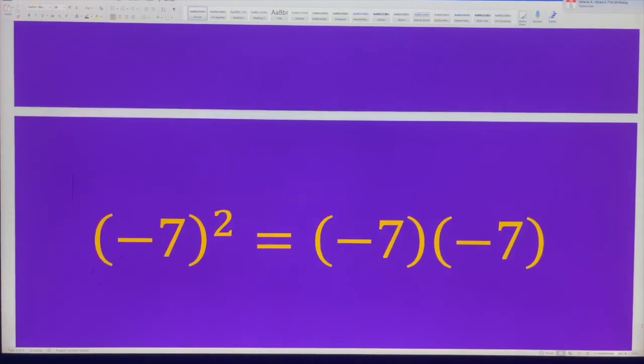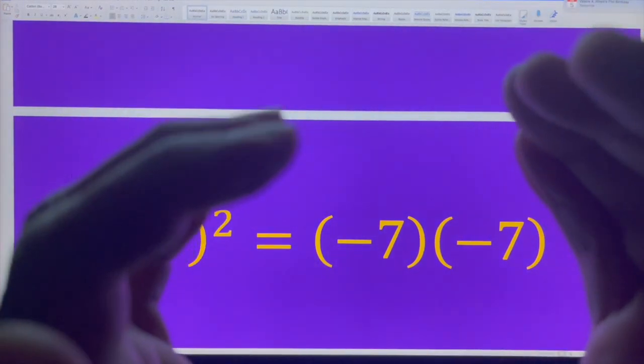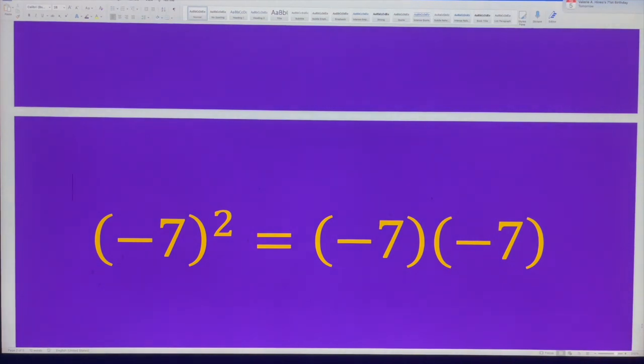First of all, I want you to recognize what the -7 in parentheses represents. Because the parentheses are there, that lets you know that that exponent, that little 2 right there, is going to impact not just the 7, but it also is going to have an impact on the negative sign. That's why the parentheses are there.